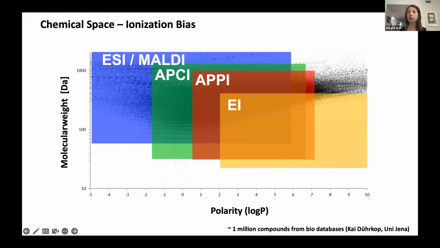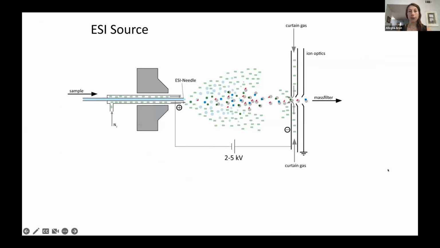And so we have ESI, electrospray ionization, but then we also have various other strategies like APCI, atmospheric pressure chemical ionization, APPI, atmospheric pressure photoionization, and then EI, electron ionization. Okay, and these various different ionization modes all have their place. All right, but we typically use ESI in my lab and in Daniel's lab.